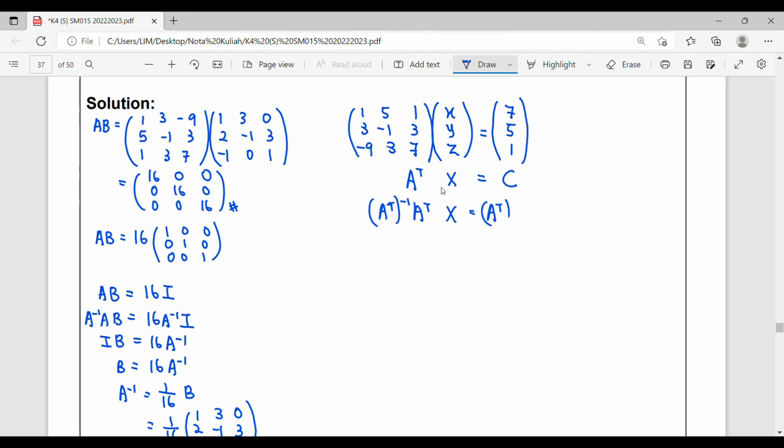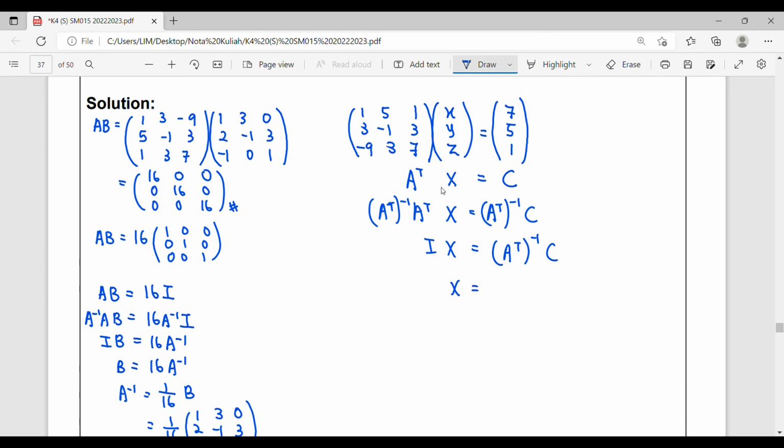same as to the right hand side, where the inverse times its matrix will give us identity. Then identity times the matrix of unknowns will give us the matrix of unknowns.